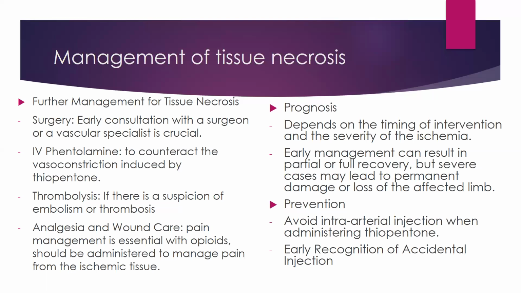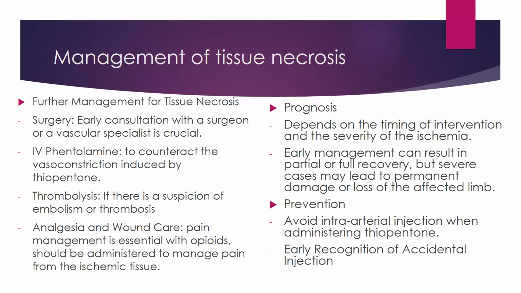Further management depends on the degree of tissue necrosis. Surgical consultation, especially with a vascular specialist, is crucial to restore blood flow to the affected tissue. A vasodilator, IV phentolamine, can be administered to reduce the vasoconstriction induced by the medication.